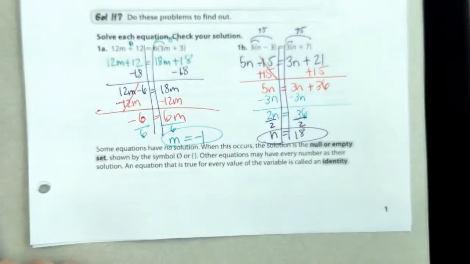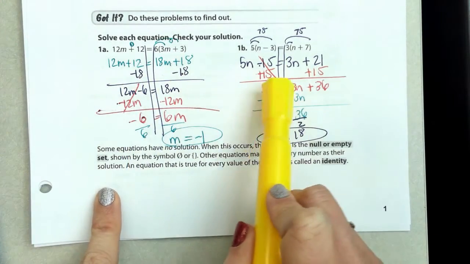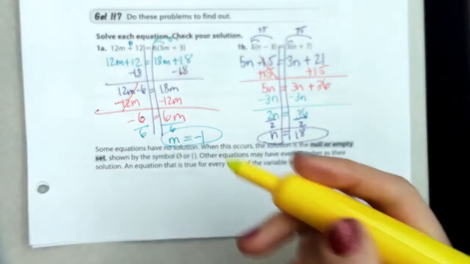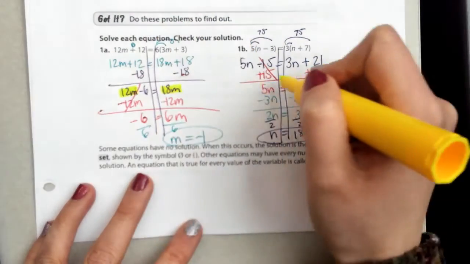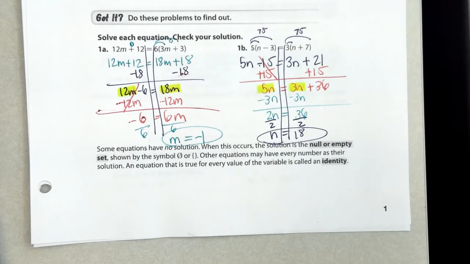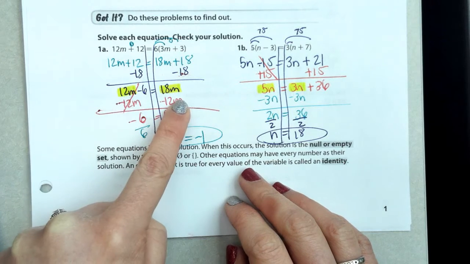Don't forget, when you get to this level, right across here, where you had 4 terms and you've gotten rid of one of the first terms. At that point, that's when you're looking for which ones your like terms are, and you're trying to get them on the same side. So at that point, that's where people try to do things like divide by 12, but you are moving them over.